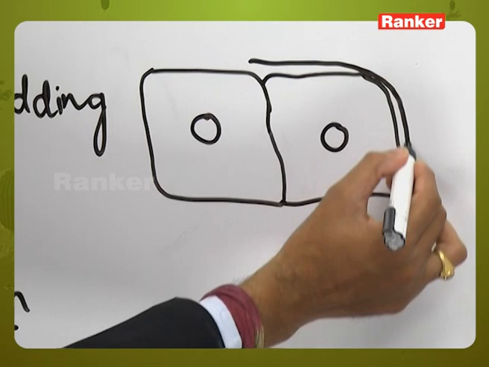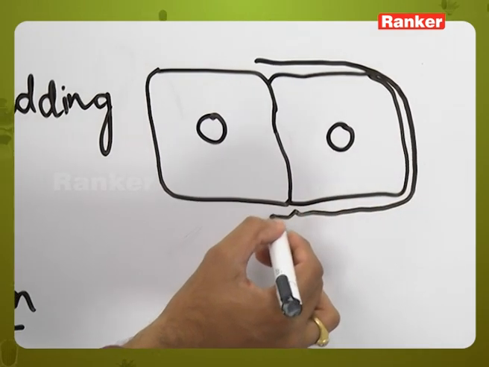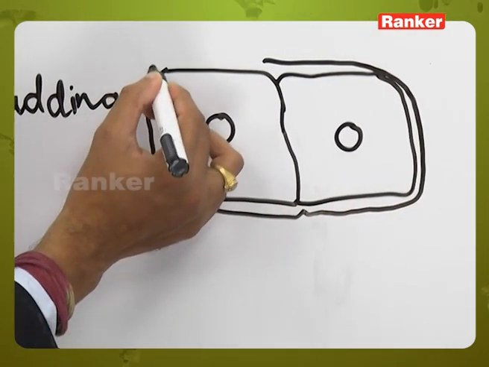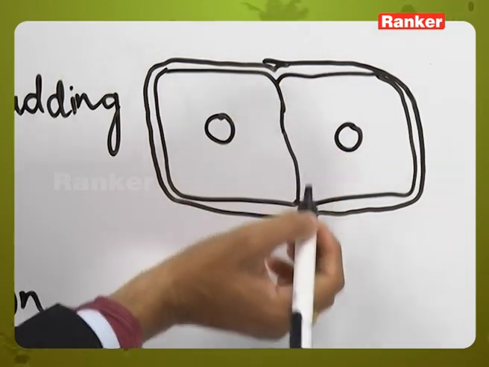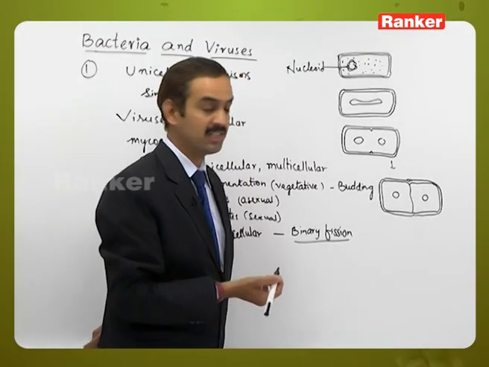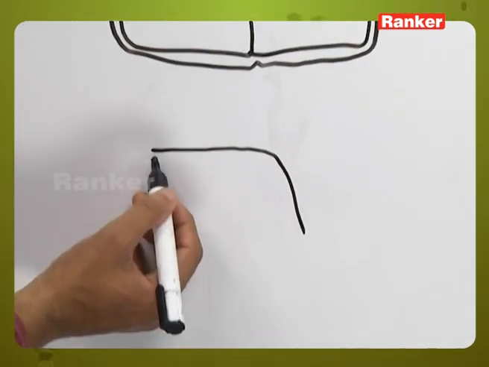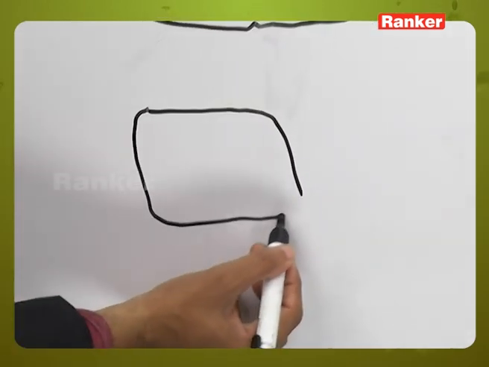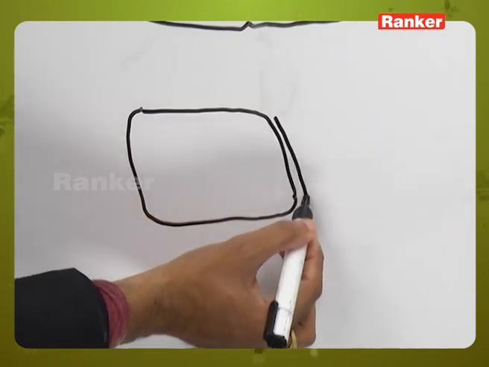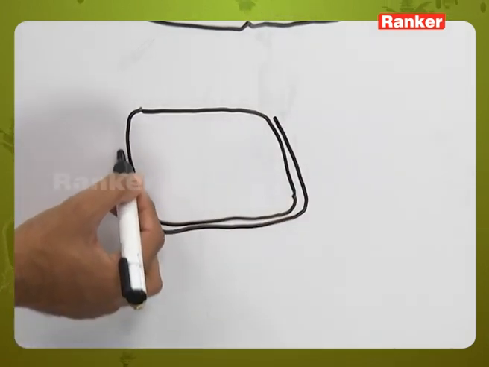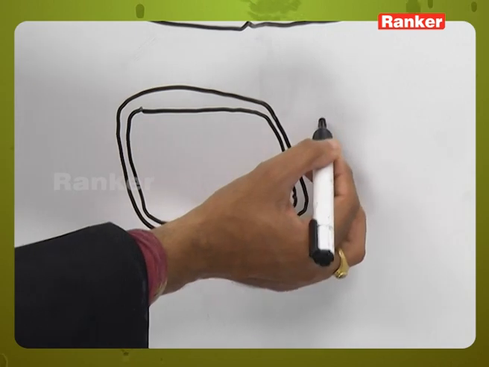In the meantime, the cell wall also forms a constriction exactly at the position where the cytoplasm has formed the constriction, and that constriction also gradually moves towards the center and divides the bacterial cell into two equal halves. Likewise, one bacterial cell is converted into two equal halves by a process called binary fission.